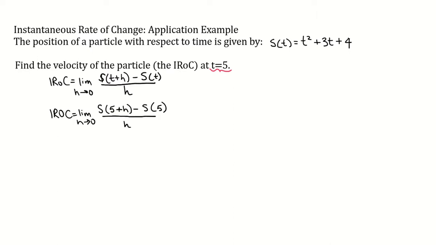Let's calculate these two pieces, s of 5 plus h and s of 5. S of 5 plus h will be 5 plus h squared plus 3 times 5 plus h plus 4.